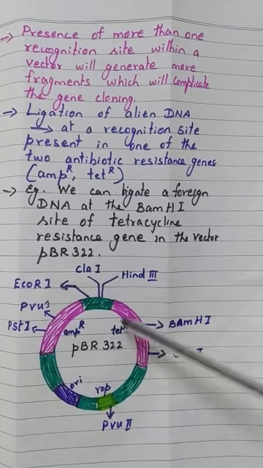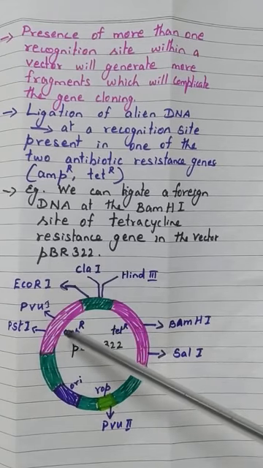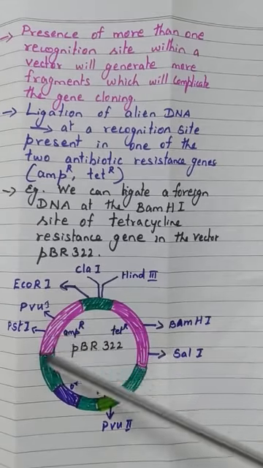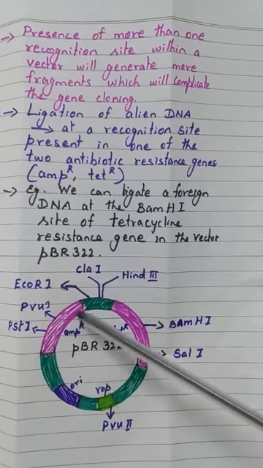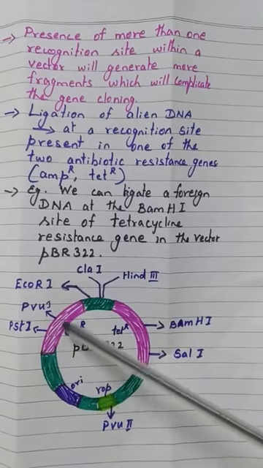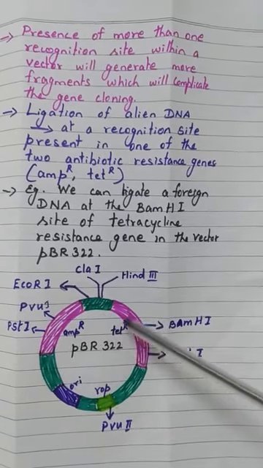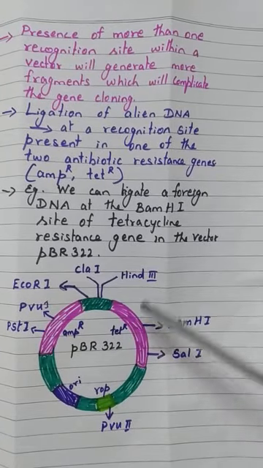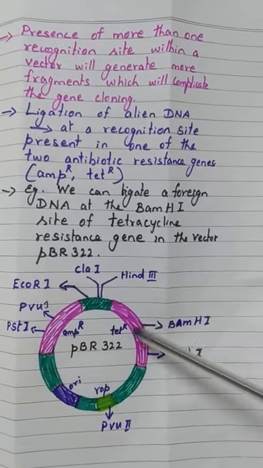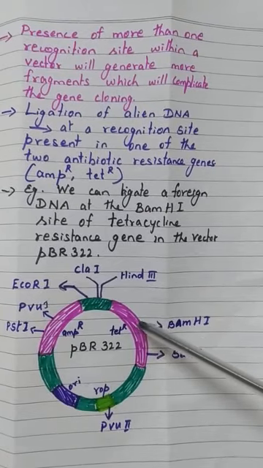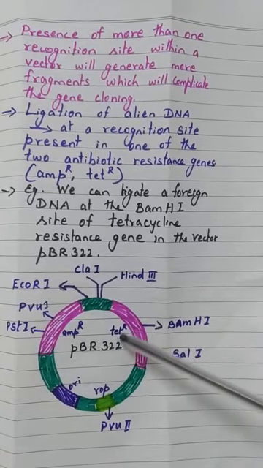But this vector will have the capacity to resist ampicillin. This is the ampicillin resistant gene. It's not disturbed. Only here this tetracycline resistant gene is disturbed. That means we ligate the foreign DNA in the BamHI site in the tetracycline resistant gene.